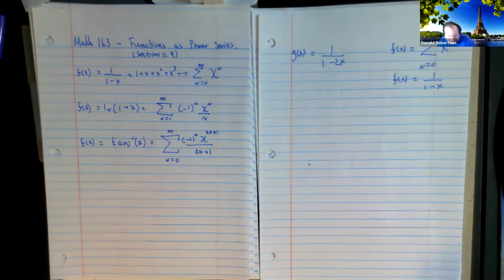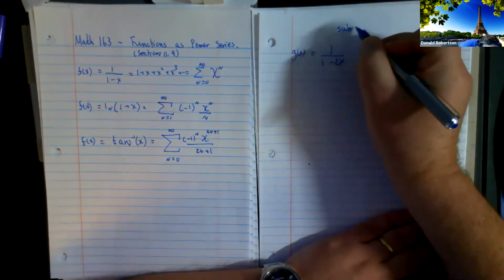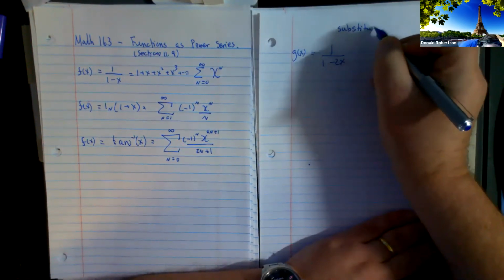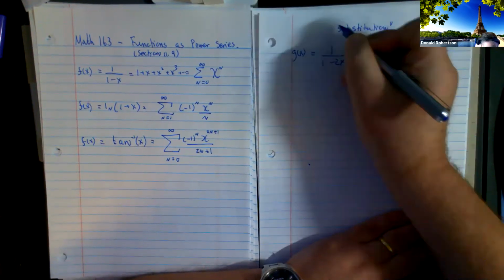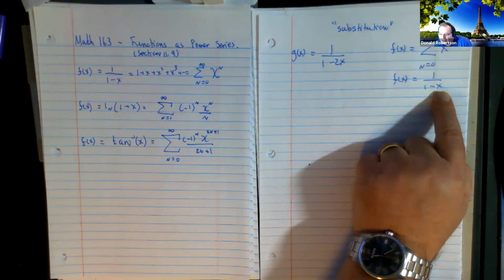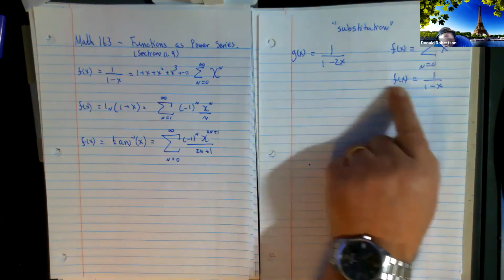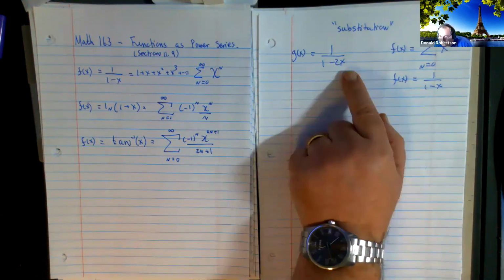Now, the key to doing a lot of these questions is the word substitution. I do not want you to think of that x as an x anymore. Think of that x as a placeholder, a thing that you can put things in. You can substitute it. In this case, since I want this power series, won't I substitute this x and replace it with a 2x?